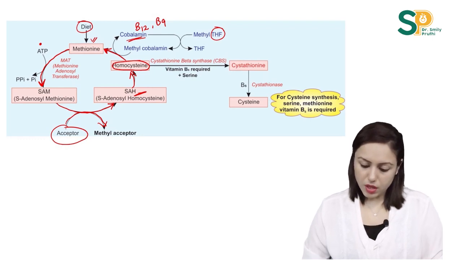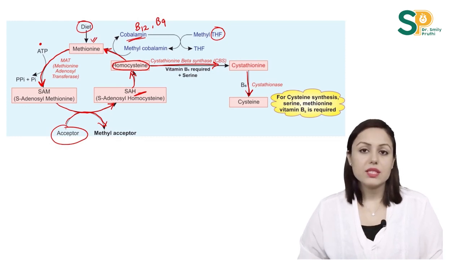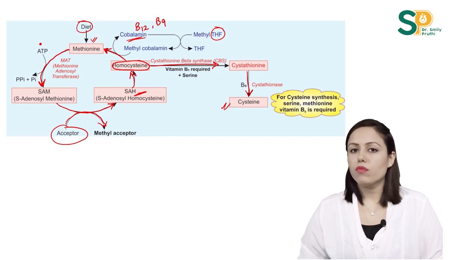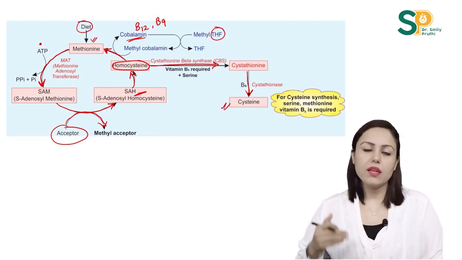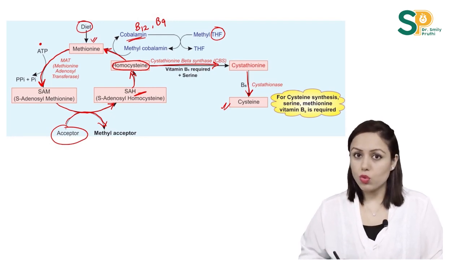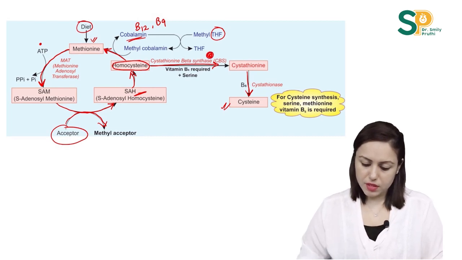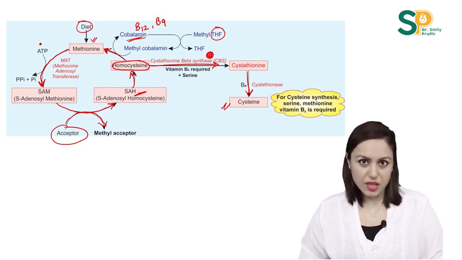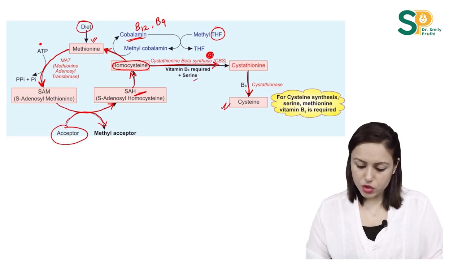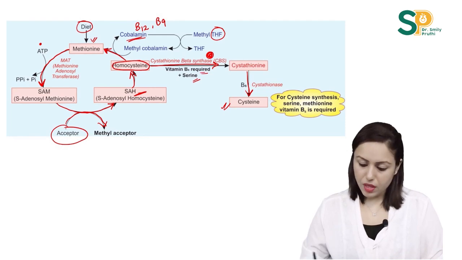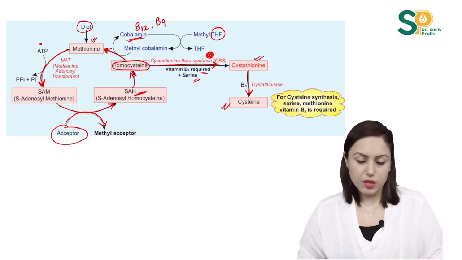Now, on the other hand, homocysteine also gets converted to cysteine. Cysteine is another sulfur containing amino acid which is non-essential because you can see here that it is formed in the body. So, let's see the enzymes involved. The first enzyme is CBS, cystathionine beta synthase, which requires addition of serine and one vitamin, that is vitamin B6, and it makes cystathionine.